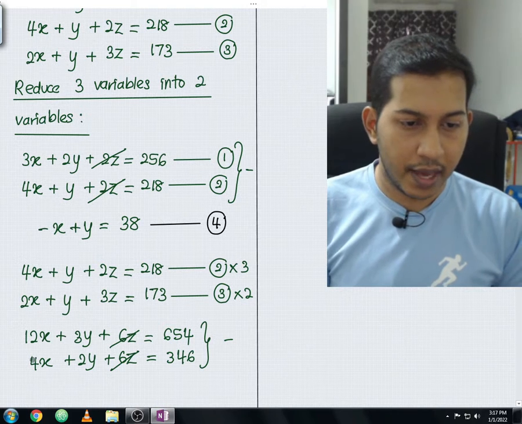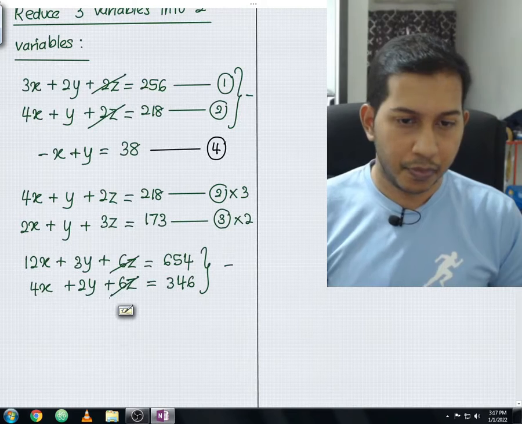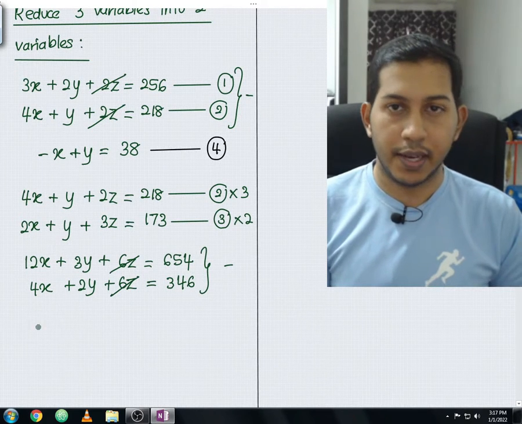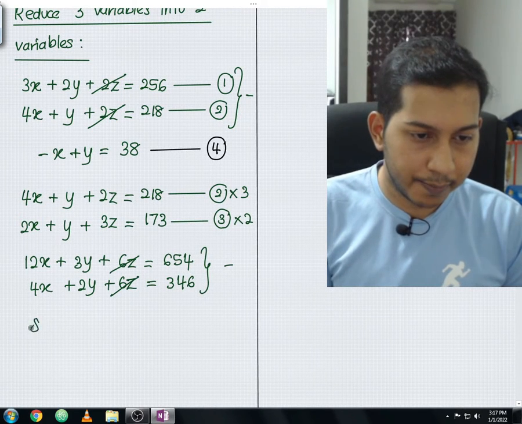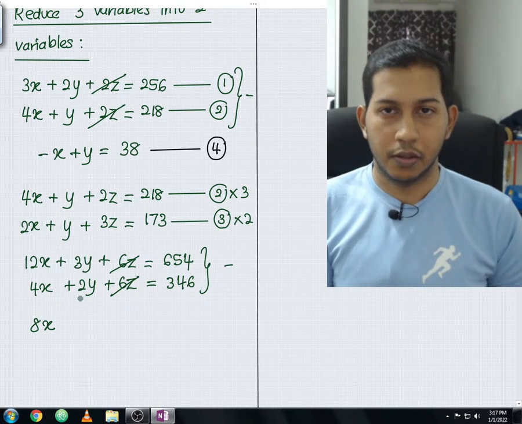Now we can focus on the x, y and the numbers. So from here 12x minus with 4x, you get 8x. 3y minus 2y, you get positive y.